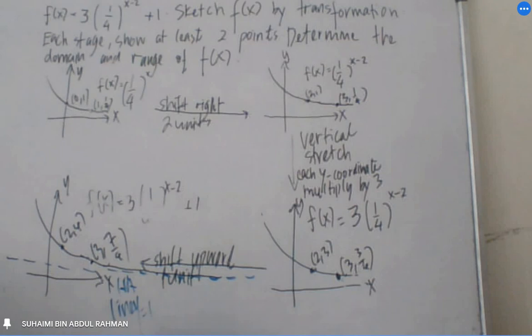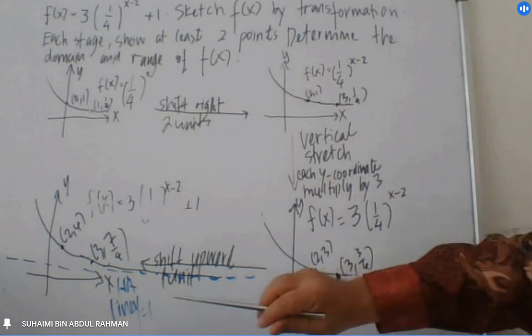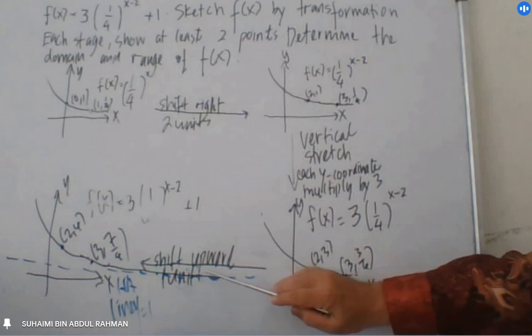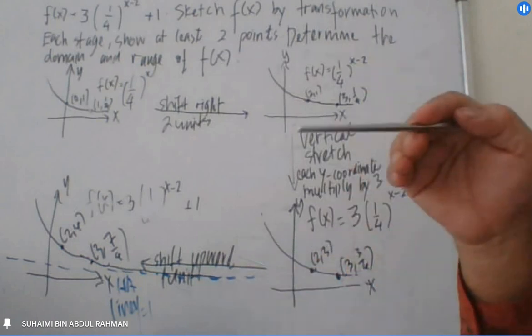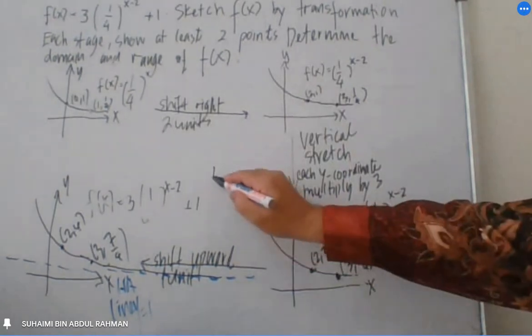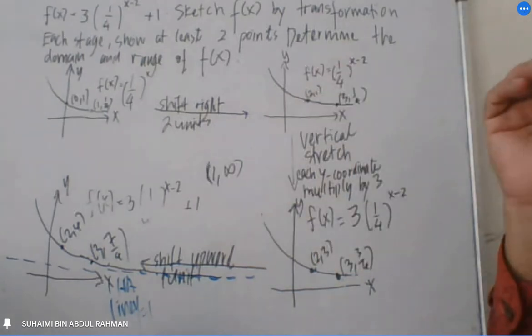And the range? 4 until infinity? Why 4? It is 1 until infinity. 1, because this graph will not go past 1, so 1 is not included. 1 until infinity, 1 not included, and that's the range.